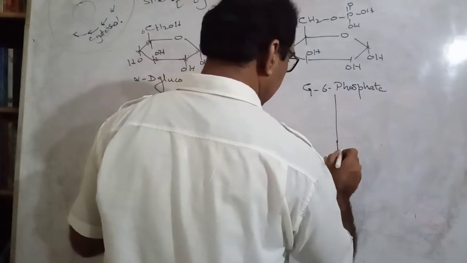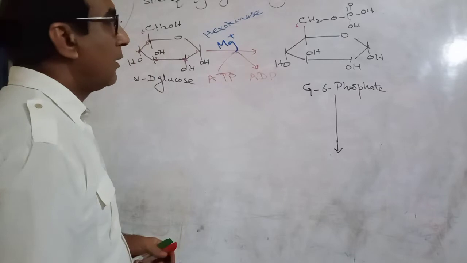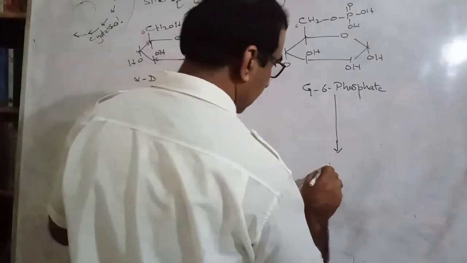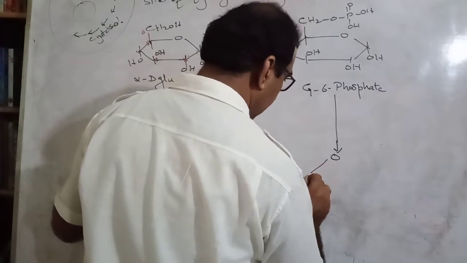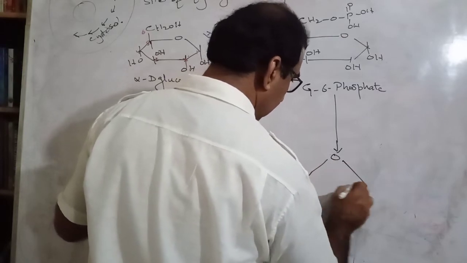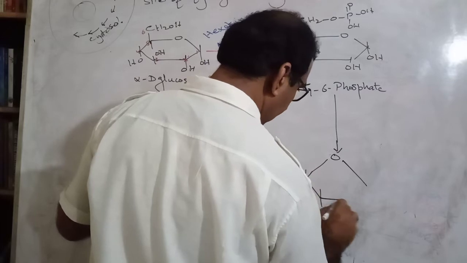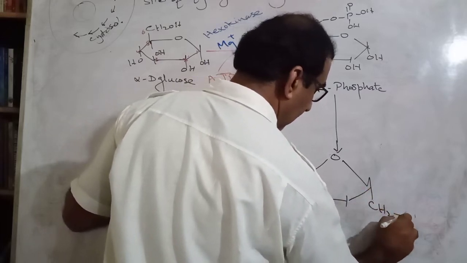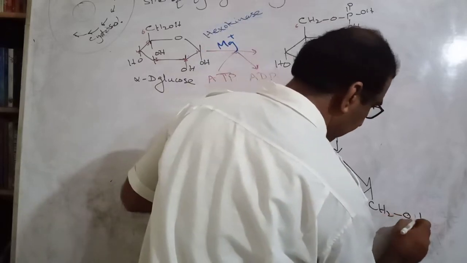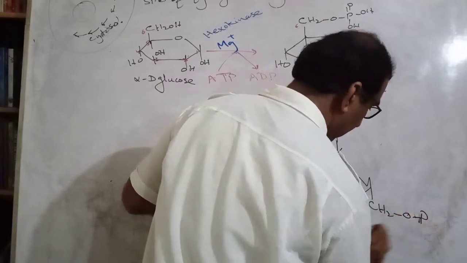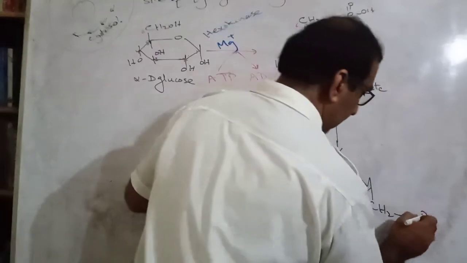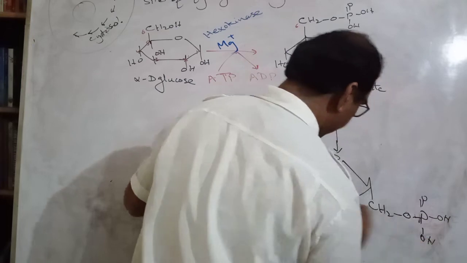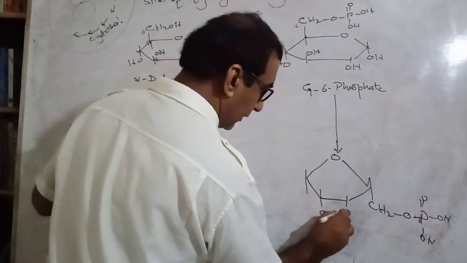Glucose 6-phosphate undergoes the next reaction and forms what? Fructose 6-phosphate. This fructose 6-phosphate would undergo the next reaction.